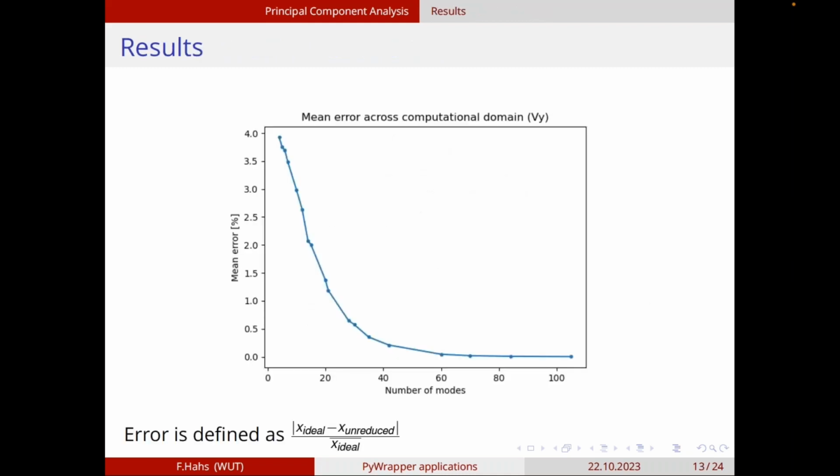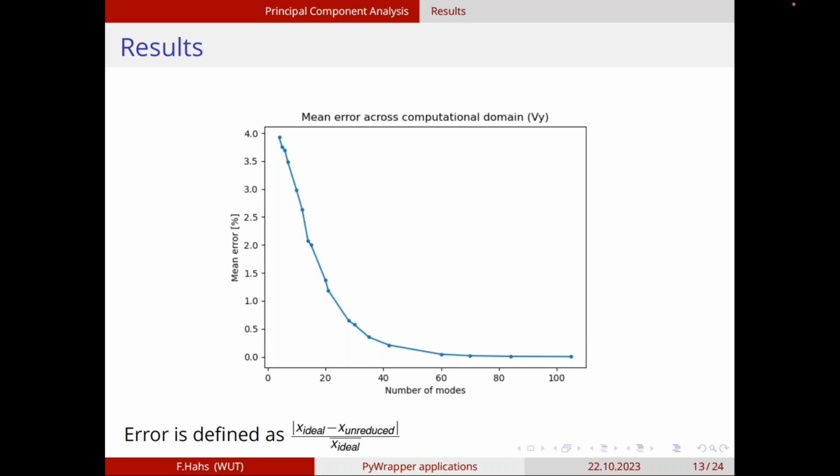So how much error is created? Here we have the mean error across the domain, depending on how many modes we use. As you can see, as the number of modes saved increases, the precision also increases, however, up to a certain point, after which we have a case of diminishing returns, and we probably don't want to save this many modes.